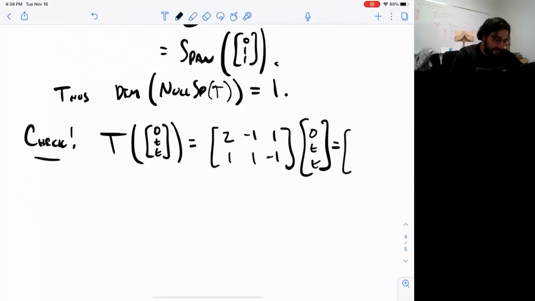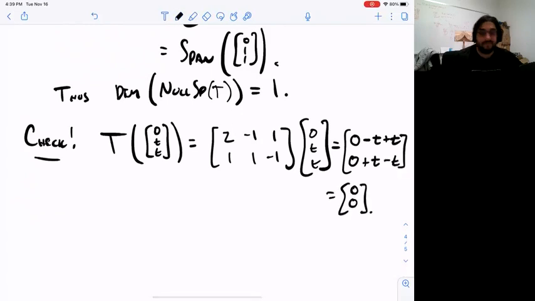So what do I get here? I get 2 times 0 minus 1 times t plus 1 times t. And then I get 1 times 0 plus 1 times t minus 1 times t. And that is, in fact, the 0 vector. Perfect. So it checks out that all vectors of that form, 0, t, t, they all go to 0.